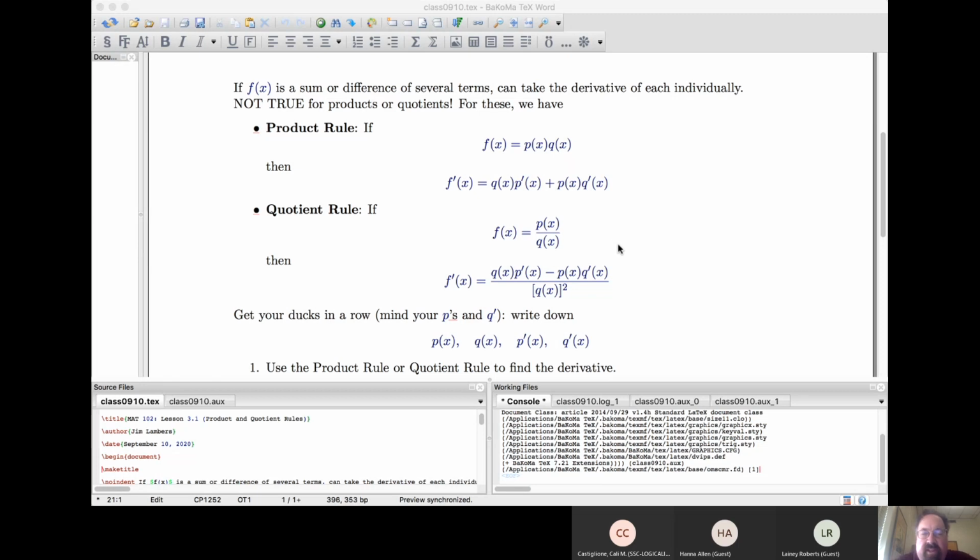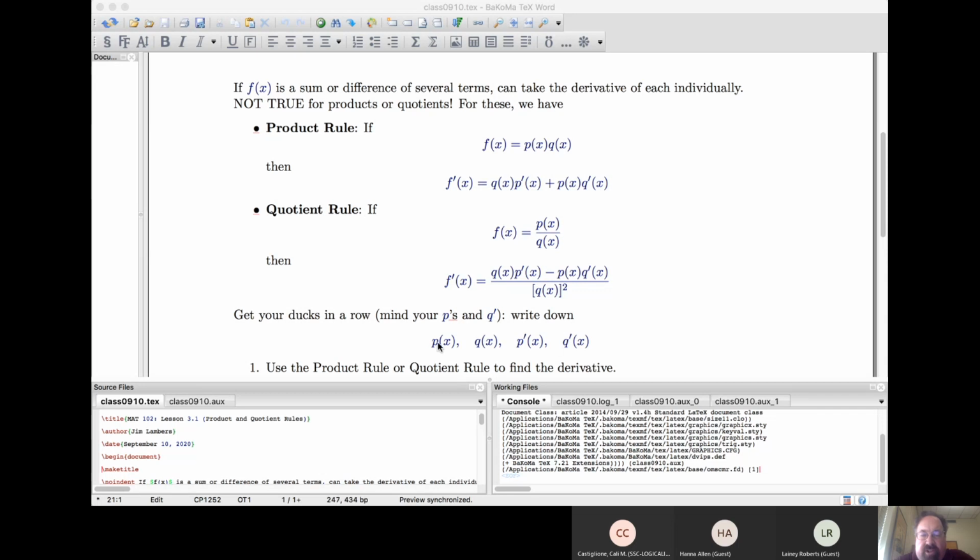Now, because these are more complicated formulas for derivatives than what we've seen before, what I would strongly recommend is that when you're given a function that is a product or quotient and you need to take a derivative, identify the pieces, p and q, and write them separately. Then take the derivatives of each one individually, because both formulas involve p, q, p prime, q prime.